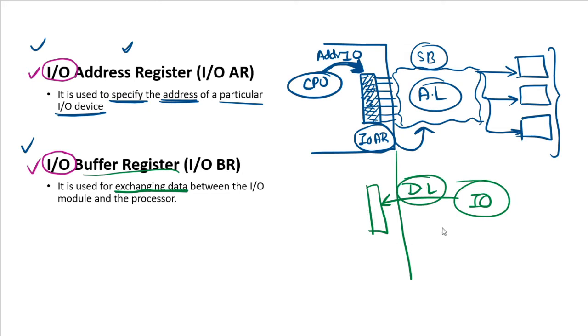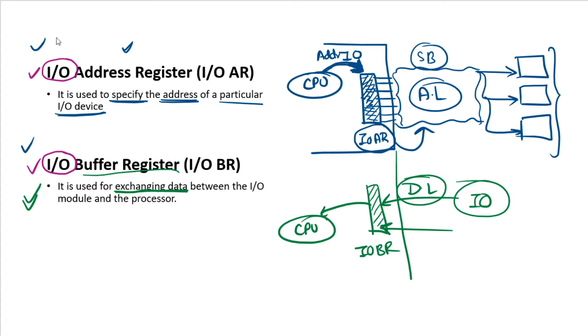This information will first come to the IO buffer register, and then the IO buffer register will send this data to the other parts of the CPU for further processing. So this is the task of the IO buffer register.